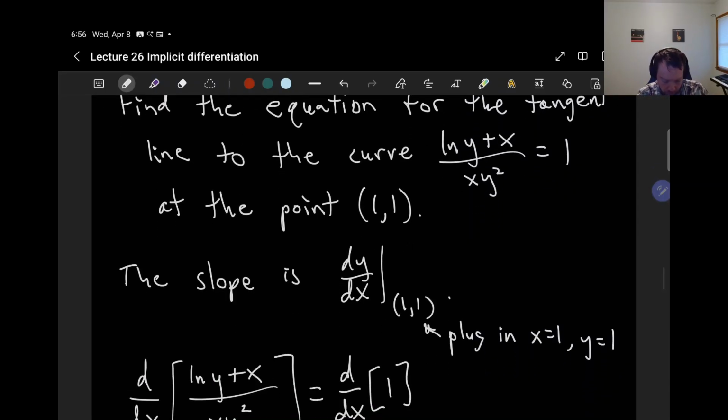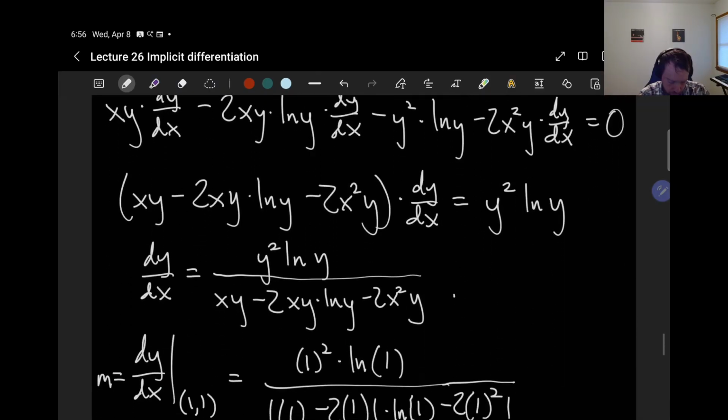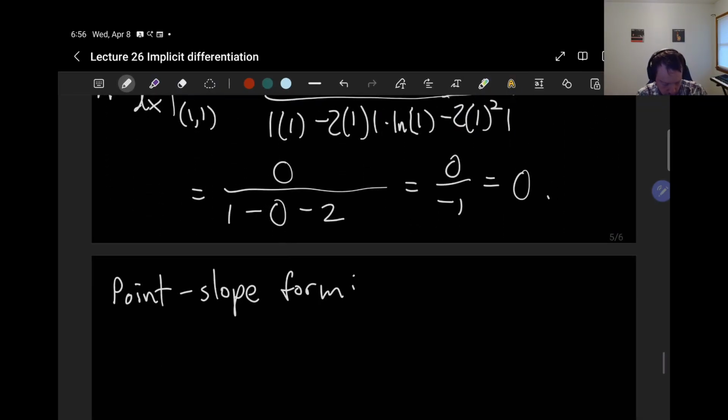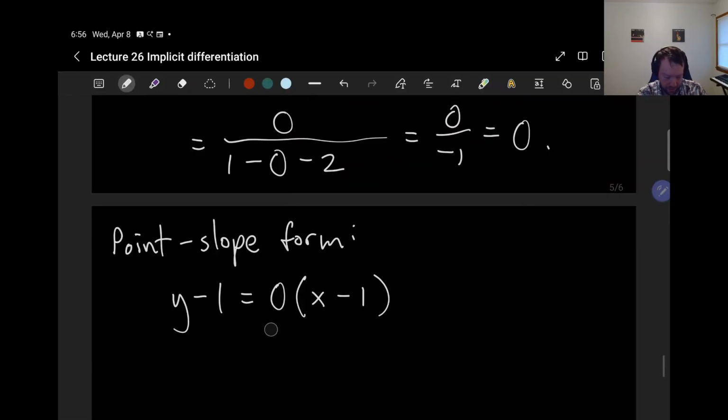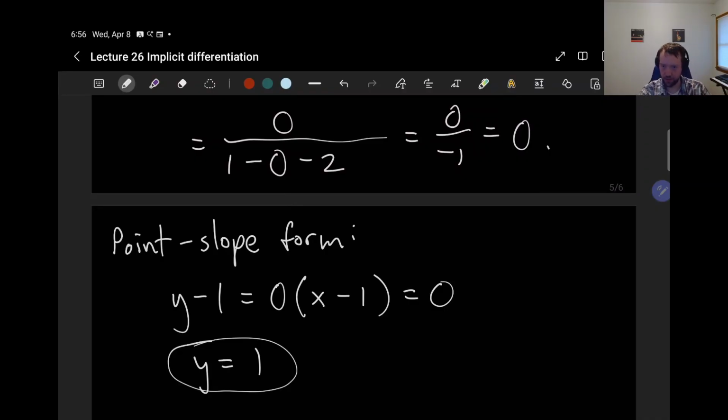So that's the point we use for point slope form. So it's y minus the y value of that point equals the slope times x minus the x value of your point. And well, this 0 takes care of a lot of stuff, right? That'll go away. And then we can move this 1 over. y equals 1. It's a nice horizontal line.